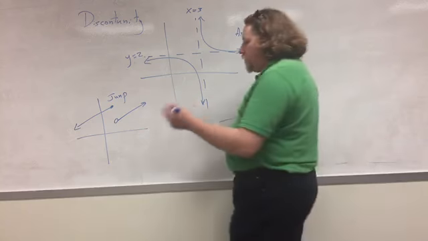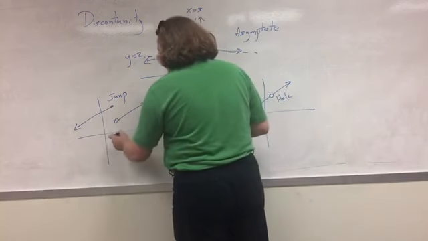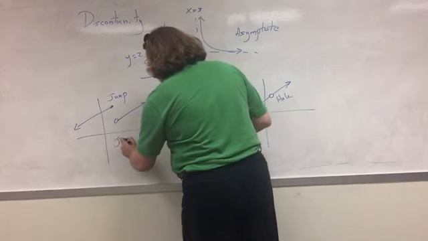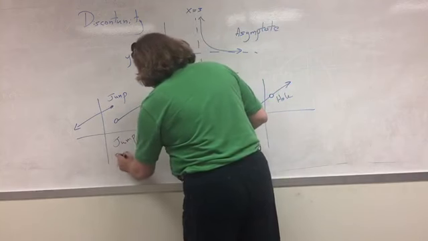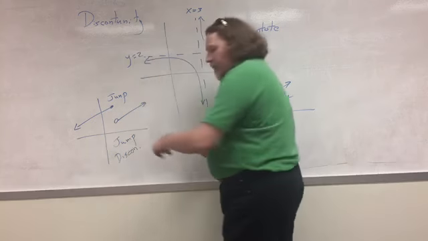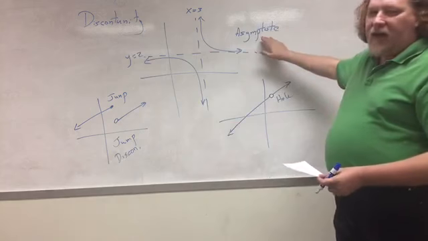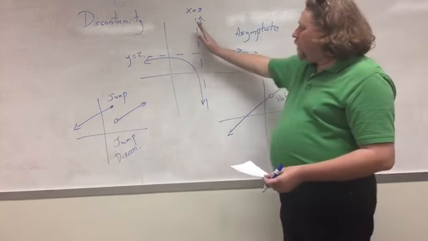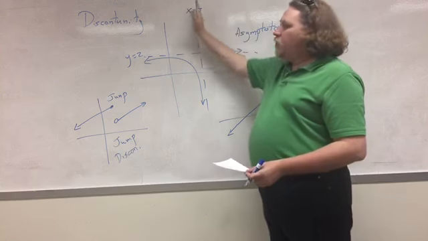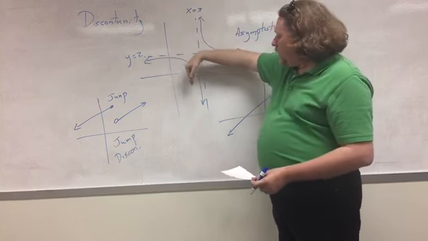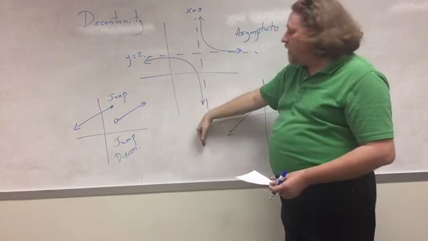The jump one is called jump discontinuous. And I'm just going to write D-I-S-C-O-N, short for discontinuous. What about when you have an asymptote? Well, if you follow an asymptote up, up, up, it's heading toward infinity. Or if you follow this asymptote down, down, down, heading toward negative infinity.